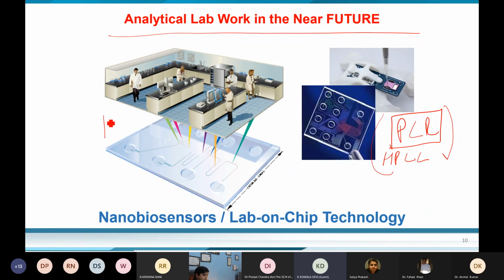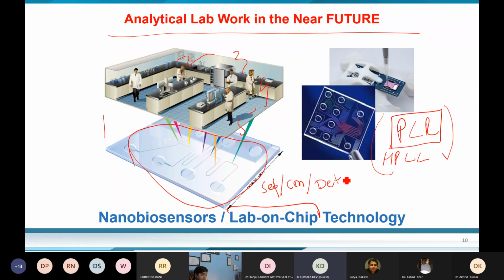Person 1, person 2, person 3, person 4, person 5, all this together can be trimmed onto a small chip. That is what is called a lab on a chip. So for example, separation, concentration, detection, and final analysis can be done on a single chip.